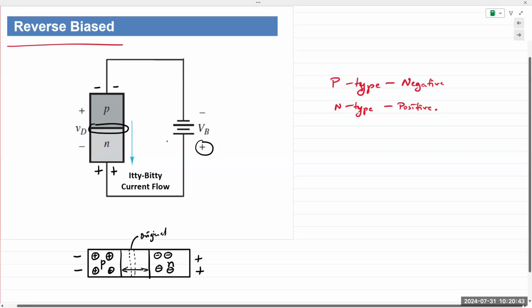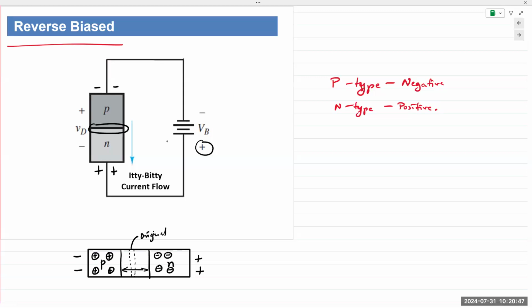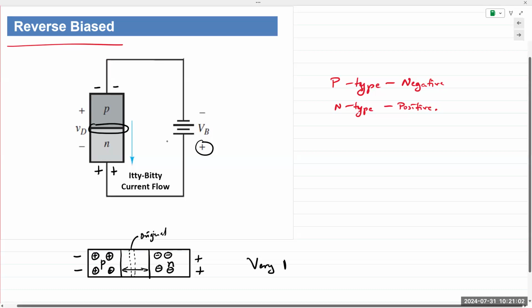And so it expands the junction, meaning there is no movement of the charge carriers across the junction. There's no current flowing, because if charge carriers are not flowing through the junction, there's no current. And so in reverse bias, there is very minimal current flow.